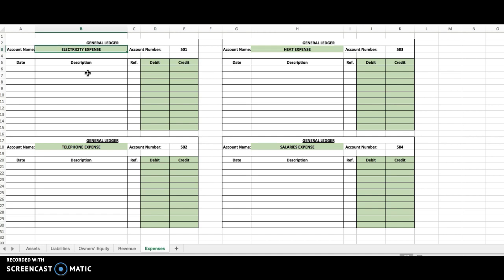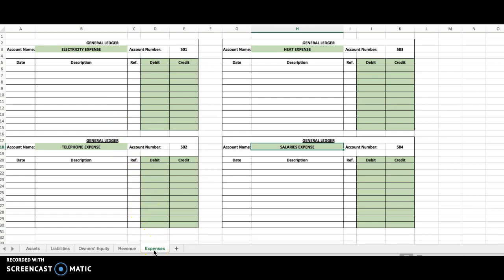We have to pay the electric bill, but we don't really get anything in return. It's simply a cost of doing business. And we have electricity expense, we have telephone expense, and they all have numbers, as you can see. Every account has a number. Heat expense and salaries expense. And again, there's nothing in these accounts, and we will explain why that is later on.